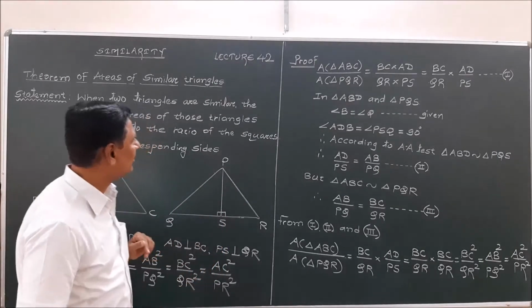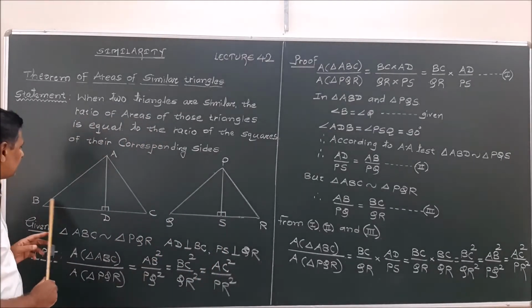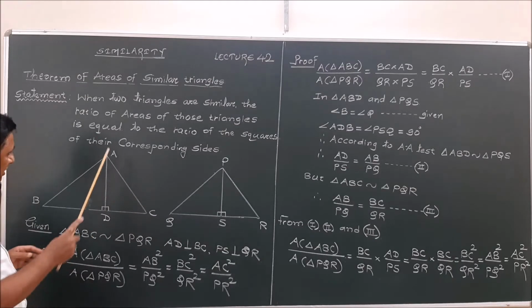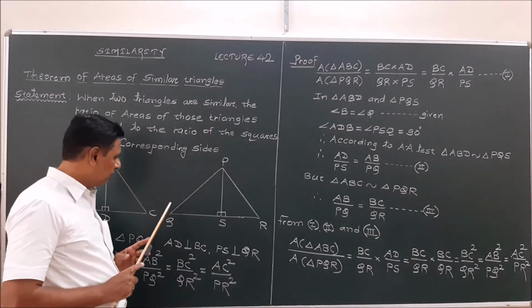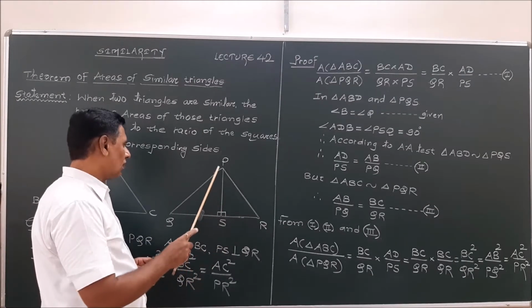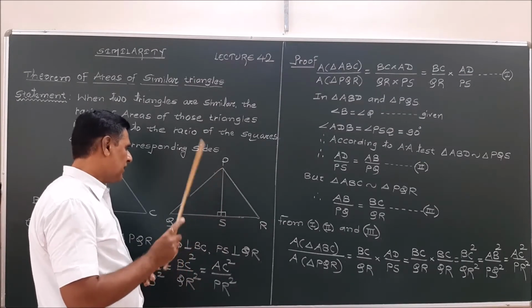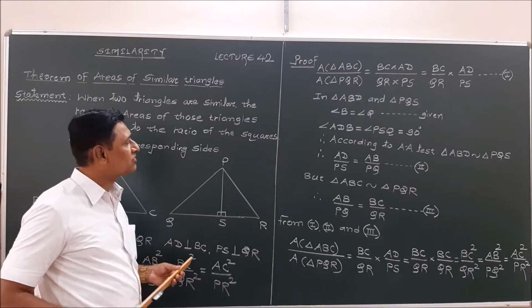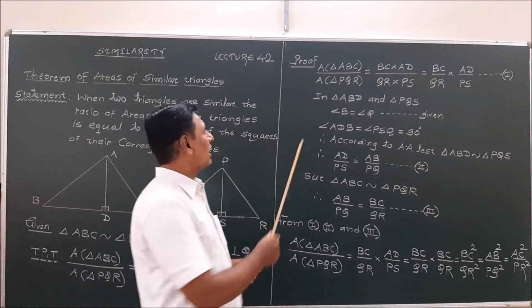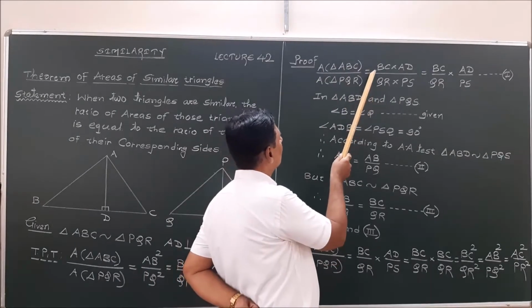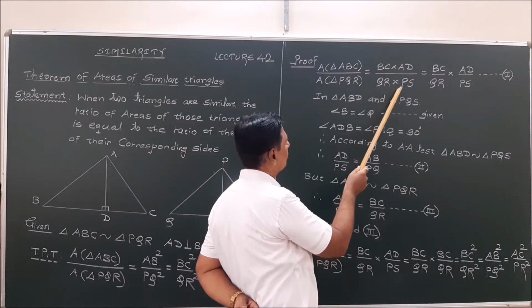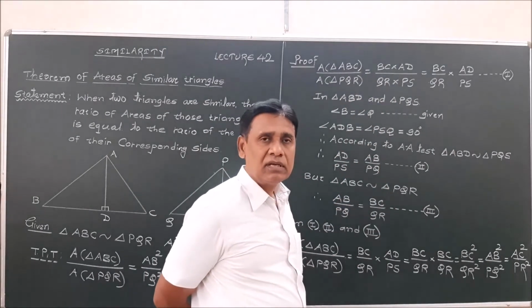And in this case, what is the base of ABC? Base is BC. What is the height of ABC? It is AD. What is the base of PQR? It is QR. And the height is PS. Therefore, the ratio of areas of triangles is equal to the product of base and height.